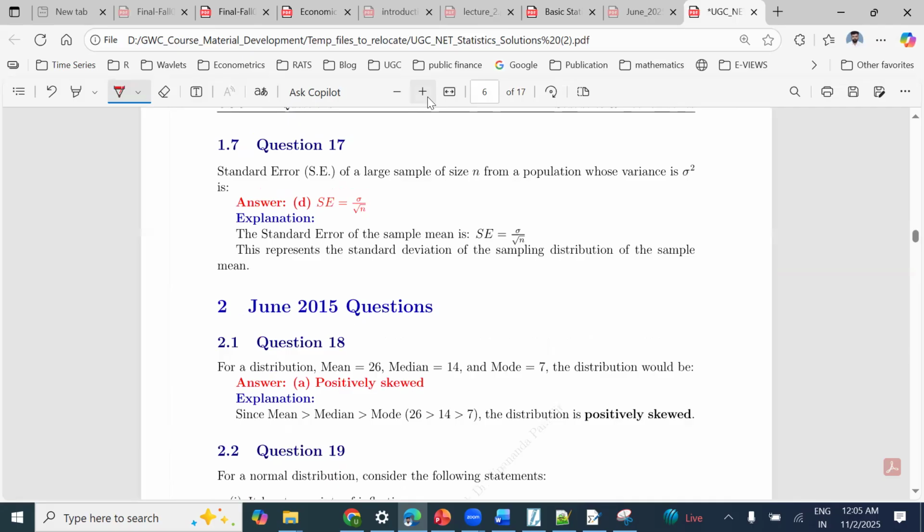Now next question. Standard error of a large sample of size n from a population whose variance is sigma square is sigma upon root n. Yesterday what we had discussed, standard error is what basically? Who will tell me? Ajay, what is standard error?